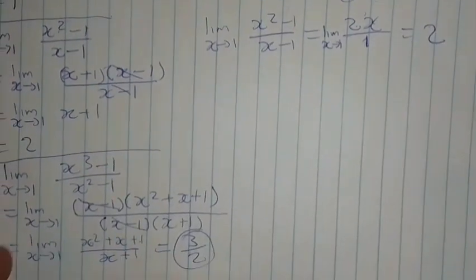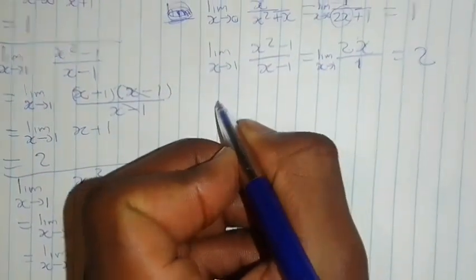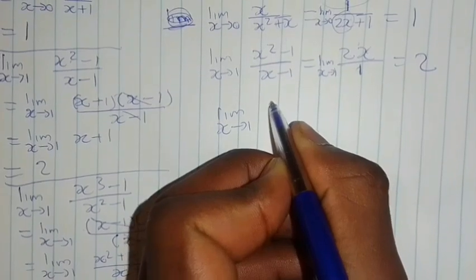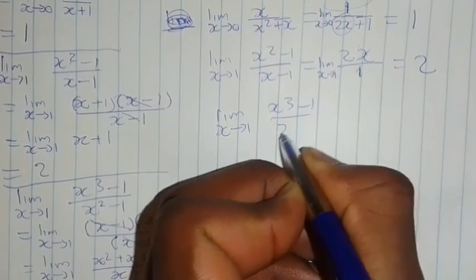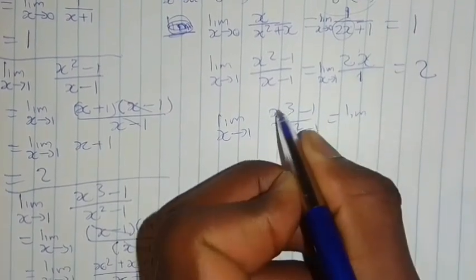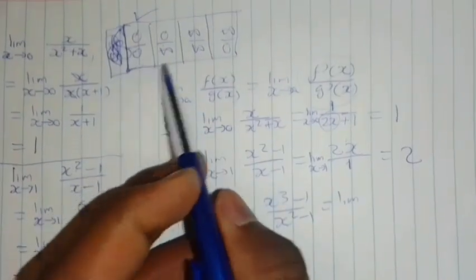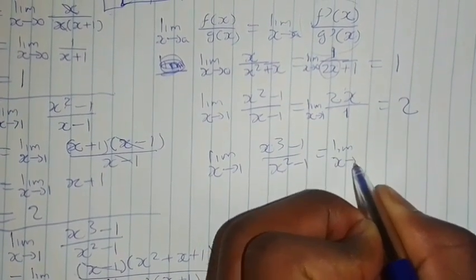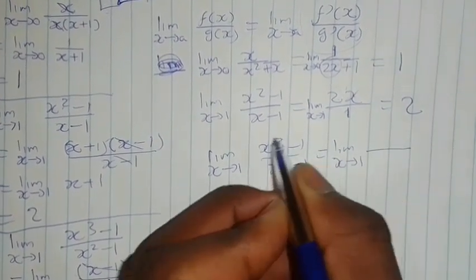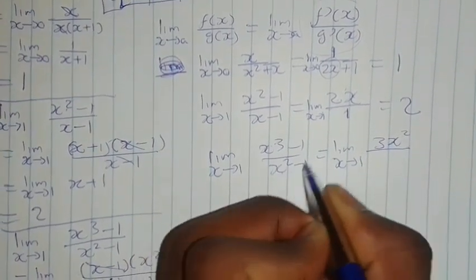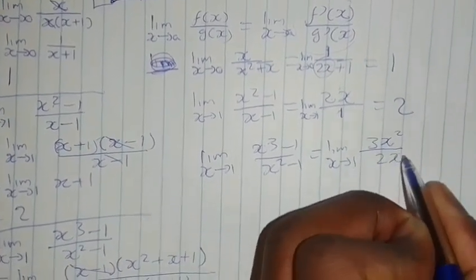Now, on this one, the limit when x goes to 1 of x cubed minus 1 divided by x squared minus 1, notice that we still have the 0 over 0 case. You only apply this if you have one of the 4 cases here. So you have the limit when x goes to 1, then you just derive. The derivative of x cubed minus 1 is 3x squared, and the derivative of x squared minus 1 is 2x.